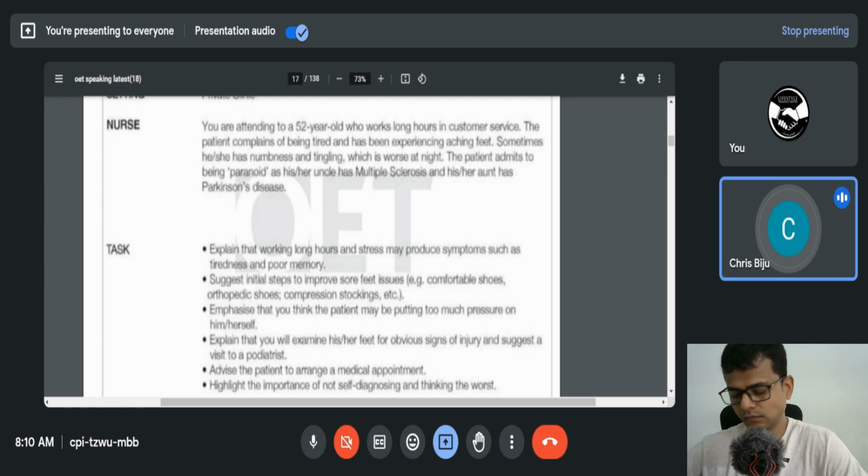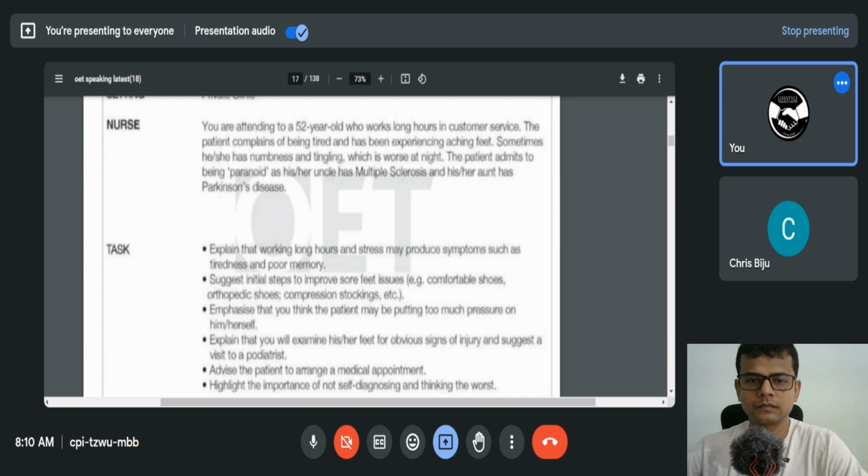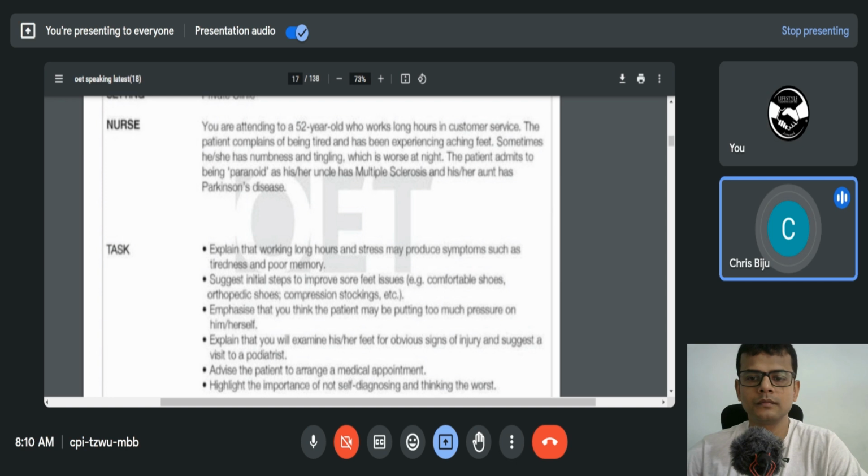Yeah, I can understand your concern, but John, it is important to make an appropriate diagnosis by consulting with a doctor. Please avoid self-diagnosing your condition and avoid overthinking that you are suffering a neurological problem. Is that clear? Okay, if you say so. Do you have any other questions? No.